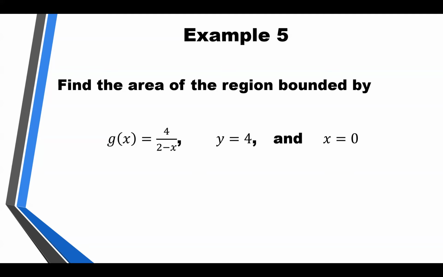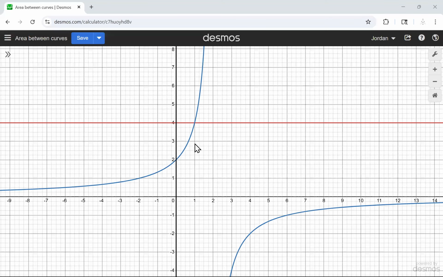I'm going to draw all 3 of these and find the closed bounded region that is created with all 3 of these on the perimeter. When I graph these three curves, again, x equals 0 is the y-axis. Y equals 4 is this horizontal line.